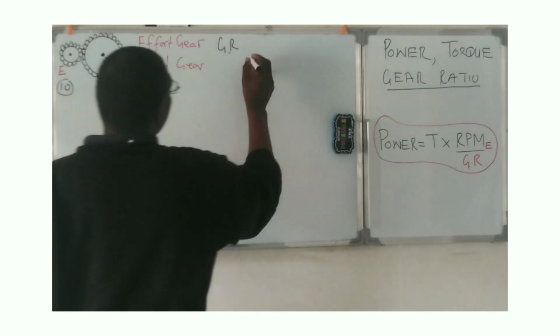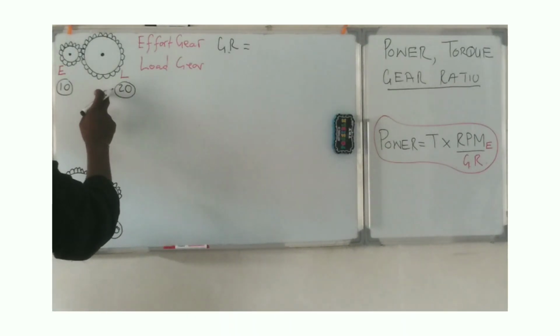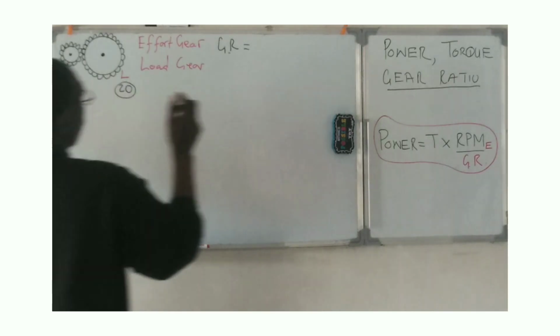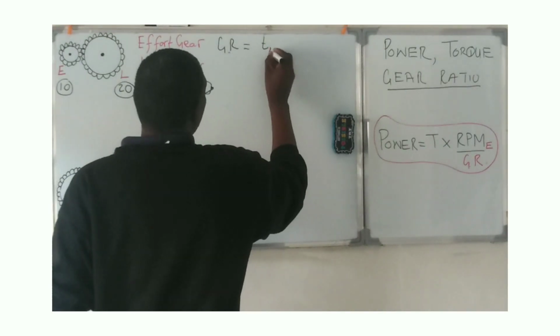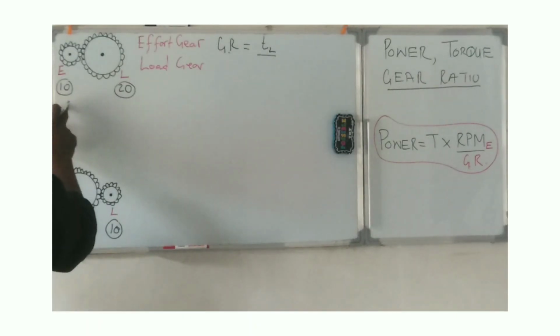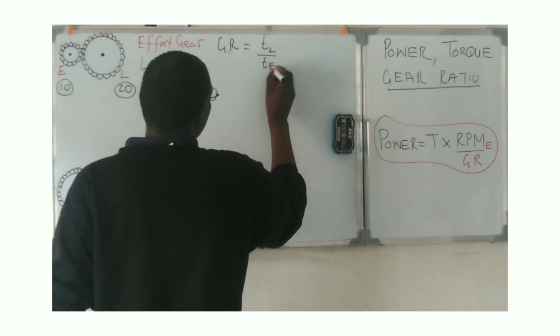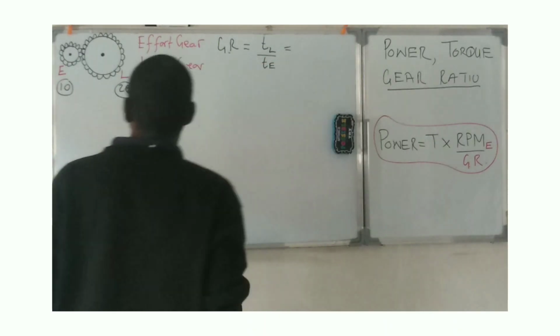So our gear ratio is equal to, let's write TL for number of teeth in the load gear, so T with a small l there, divided by number of teeth in the effort gear, let's represent it by TE.